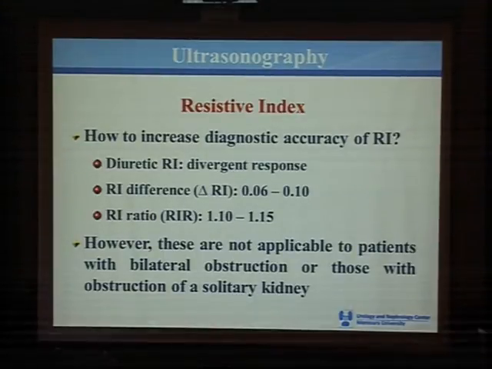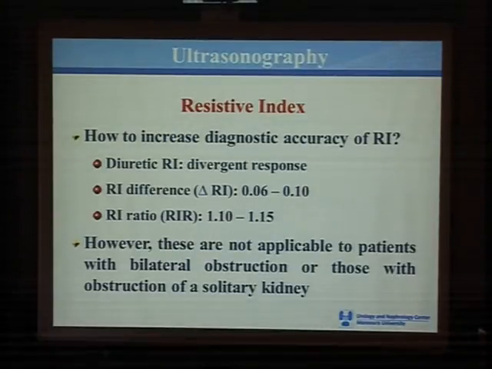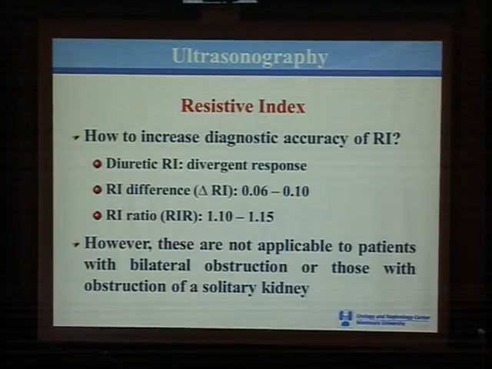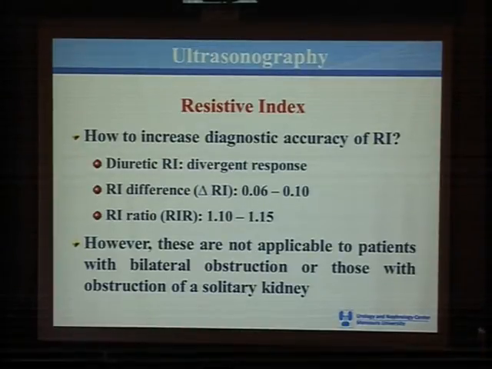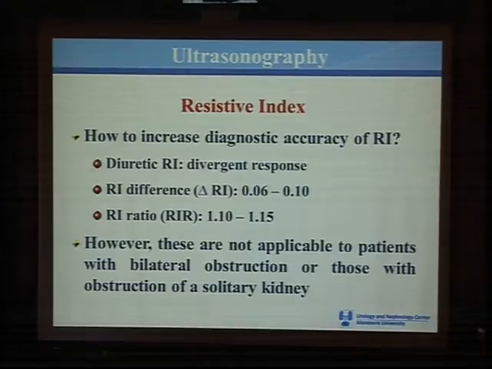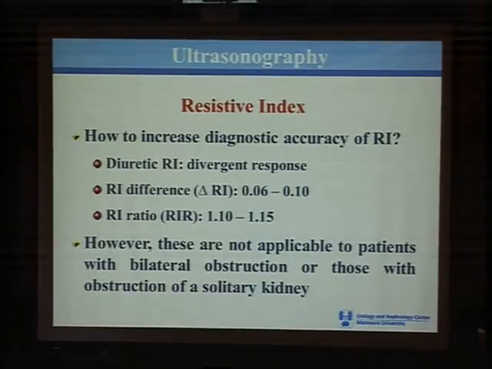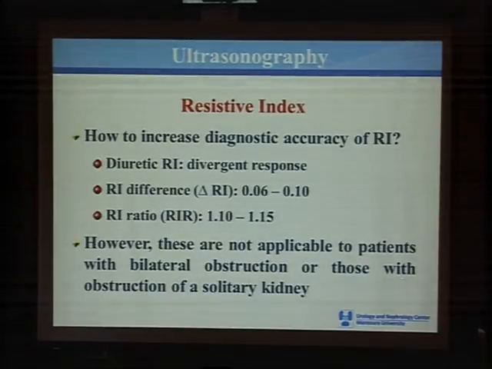We can calculate the delta resistive index, which is resistive index of the obstructed minus that of the normal, and this is the range up to 1.1, or the resistive index ratio, the resistive index of the obstructed divided by resistive index of the normal, and if it is more than 1.15, this indicates obstruction. However, this approach is not applicable to patients with bilateral obstruction or obstruction of a solitary kidney.